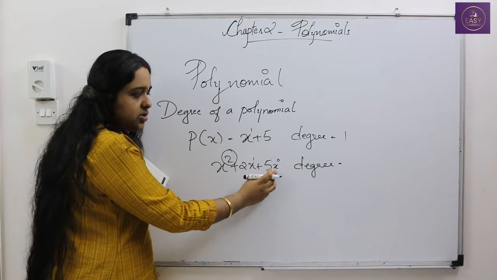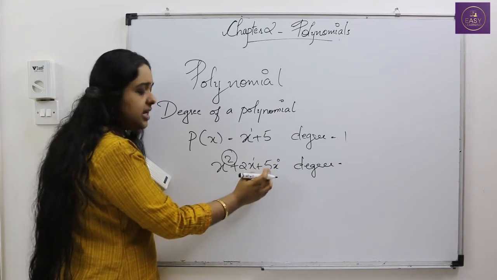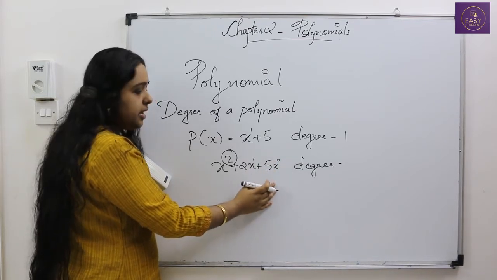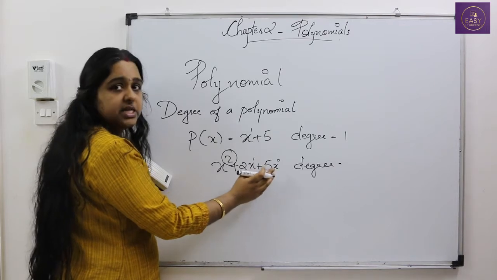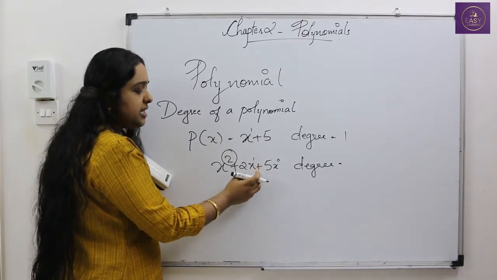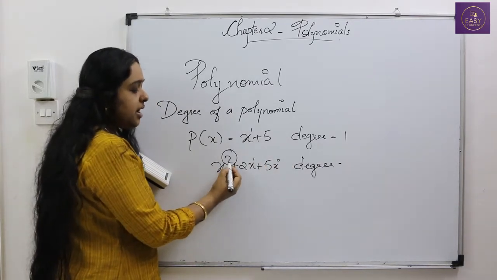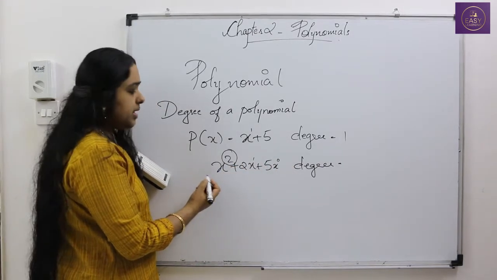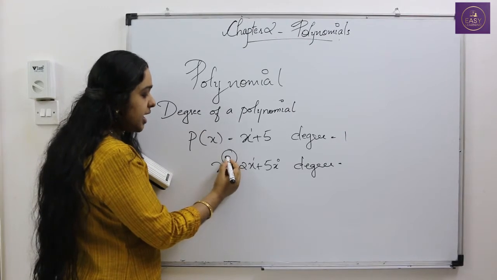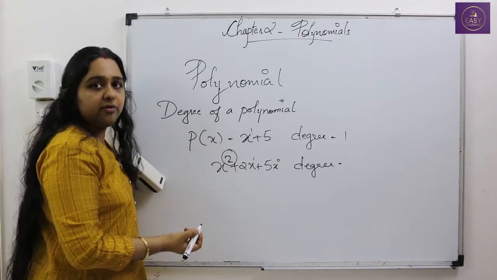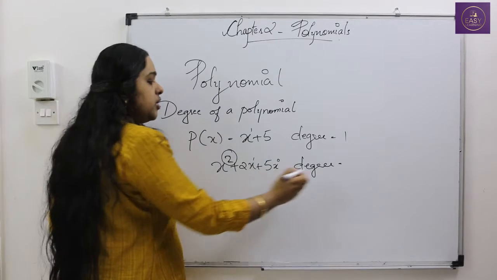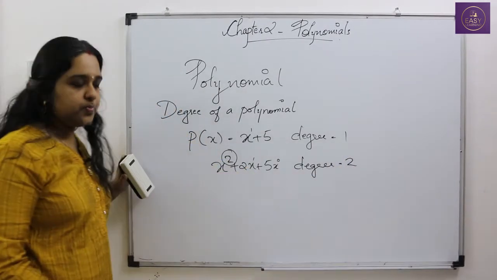X raised to 0 is 1, that's why we are just writing 5. So which exponent is the highest in this polynomial? X raised to 2. 2 is the highest exponent or power. So the degree of this polynomial will be 2.